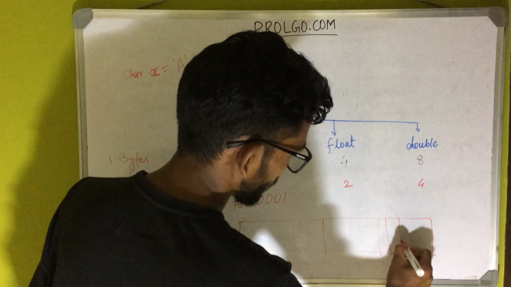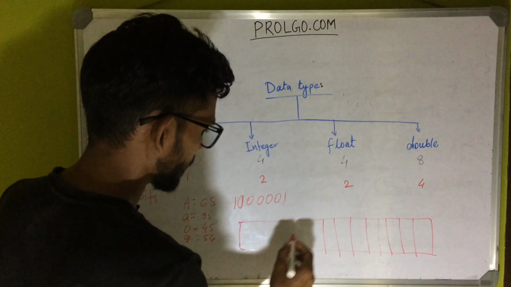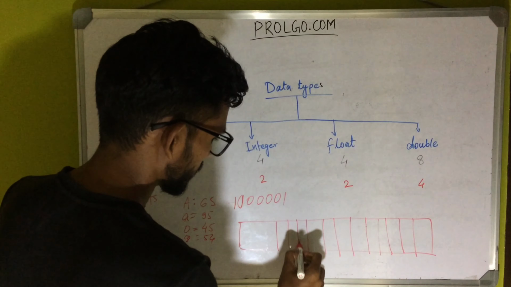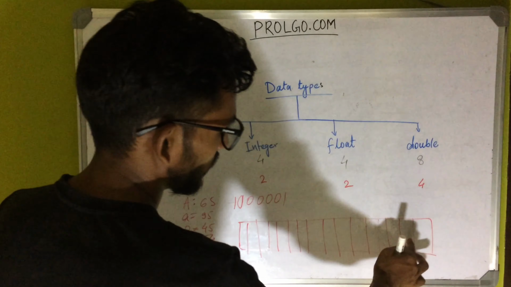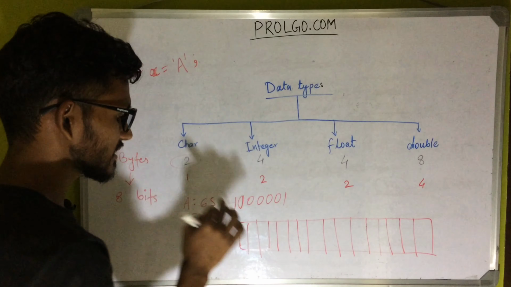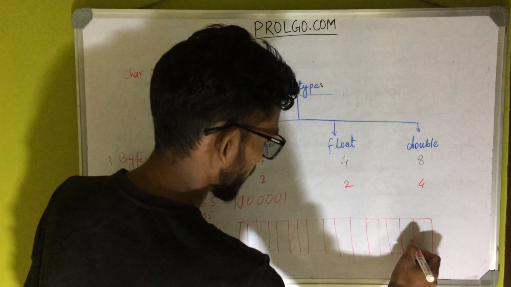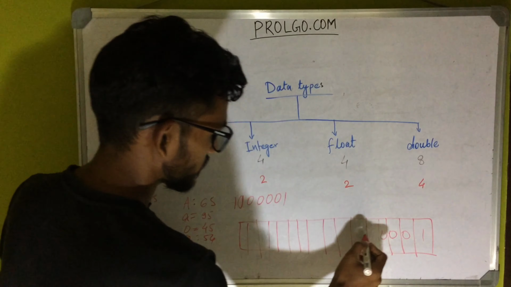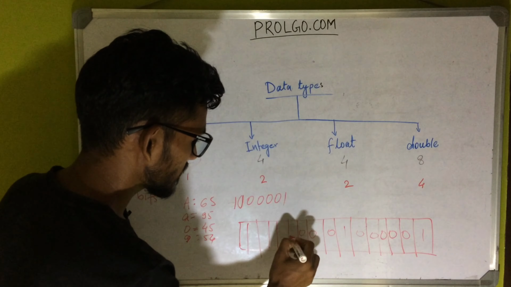So 1 to 8, and 1 to 8, that is 16 bits. And the same data will be stored here: 1, 0, then 5 zeros, then 1, and the rest will be filled with 0.